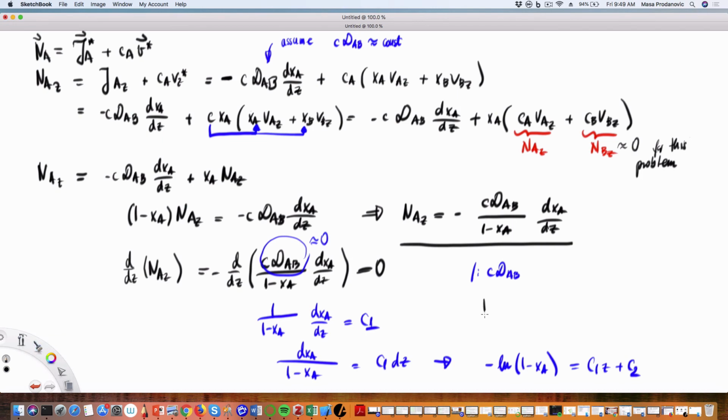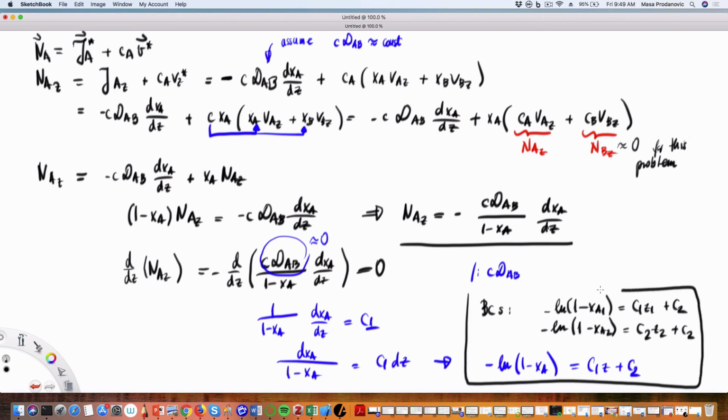So my BCs, so this is essentially what we solve for C1 and C2.